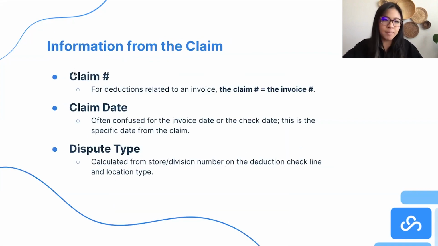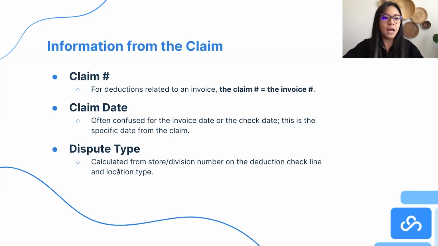From the claim, you will need things like your claim number. As we mentioned earlier, for deductions related to an invoice, the claim number is the invoice number. You'll need the claim date. This is often confused for the invoice date or the check date, but this is actually the specific date from the claim. You should be able to find that.